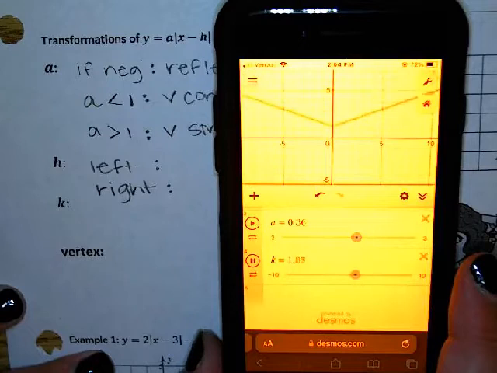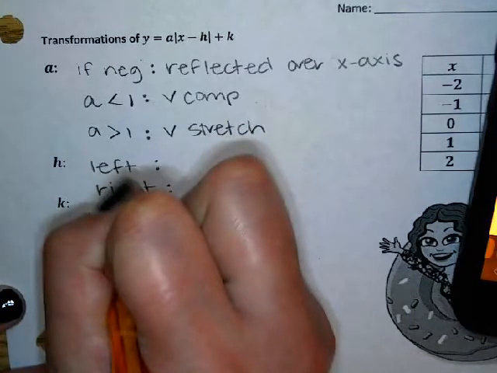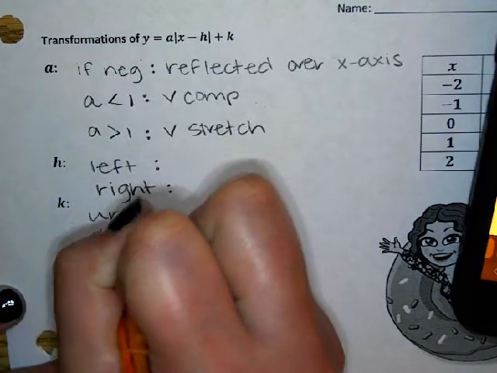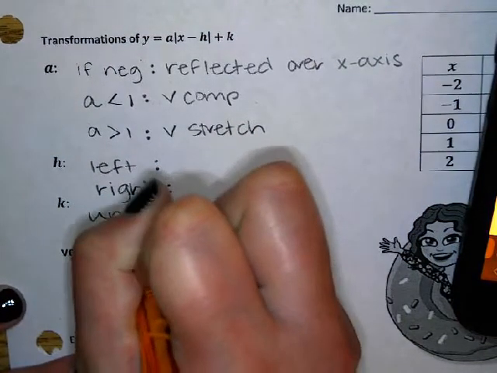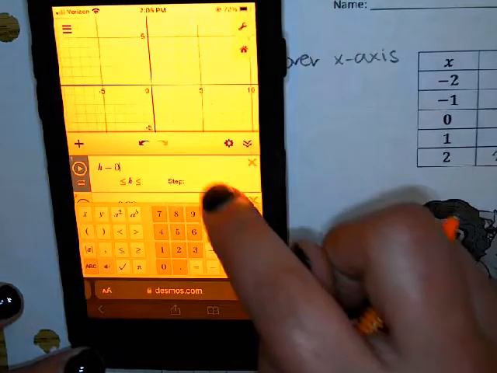Takes the graph, it moves it up and down. Okay, so what I want to show you guys is what specific numbers could do.